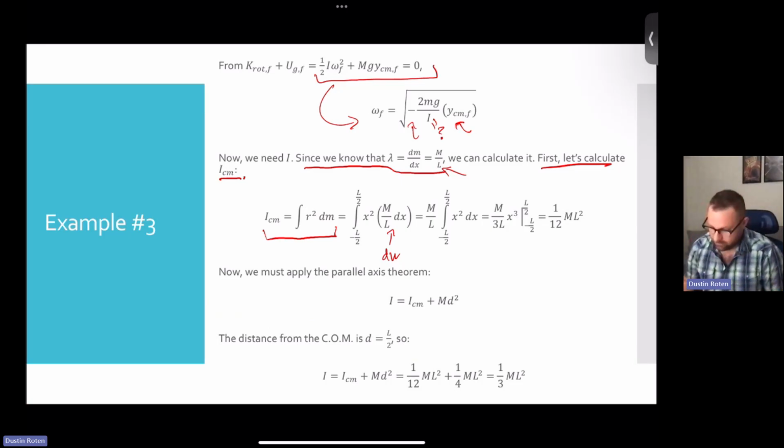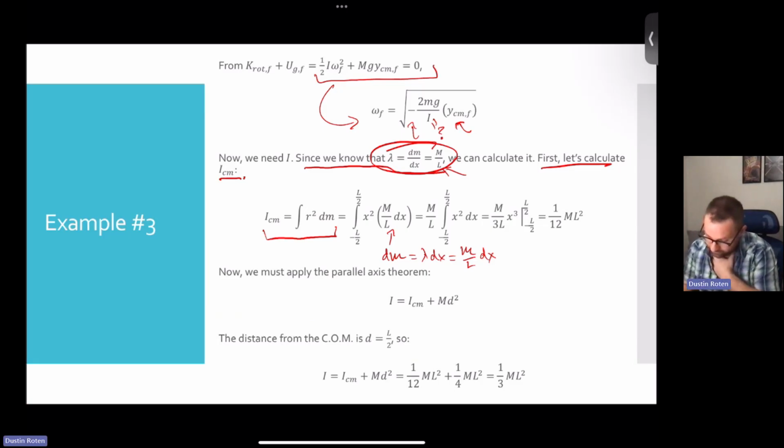I do that by getting it from our linear mass density. So dm is just going to be lambda dx, which is the total mass divided by the length times dx. That just comes from rearranging these differentials, just like fractions. So we can change the dm to something useful.